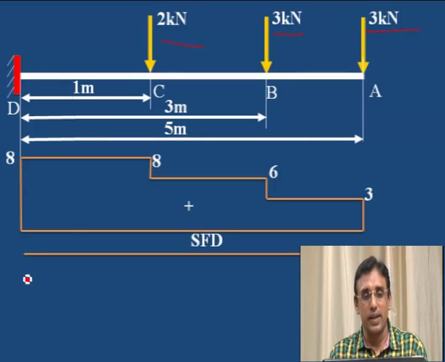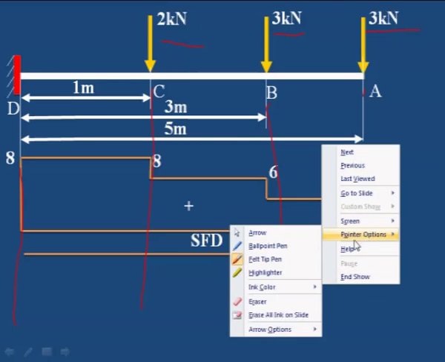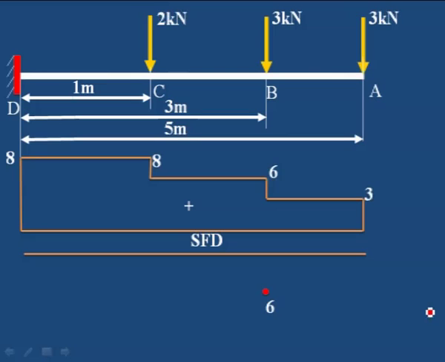Next, to draw the bending moment diagram, first draw the horizontal line and mark the points. Draw the projection lines from B and C, and here also draw the projection lines and mark the points at B, C and D: 6 kilonewton meter at B, 18 kilonewton meter at C, 26 kilonewton meter at D. Then join the lines.